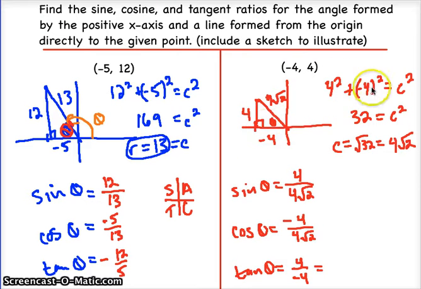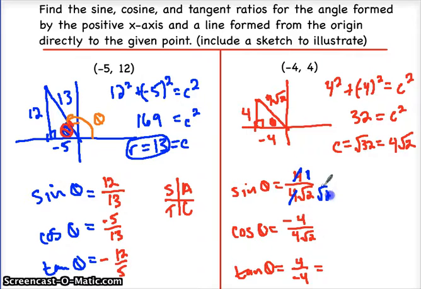Do a little Pythagorean theorem, again squared, square root of the 32, and you notice we just broke down that 32 using our root properties, and ended up with 4 root 2 as a hypotenuse. Then I laid out the sine, the cosine, and the tangent. Realized that for the sine you've got 4 over 4 root 2, which leaves you with a 1 on top.